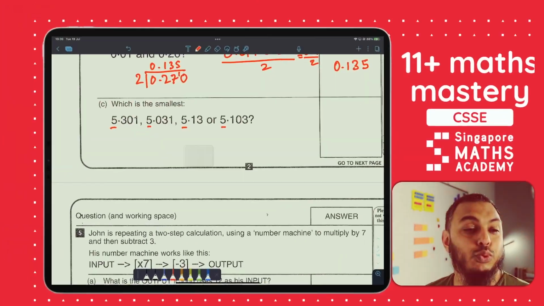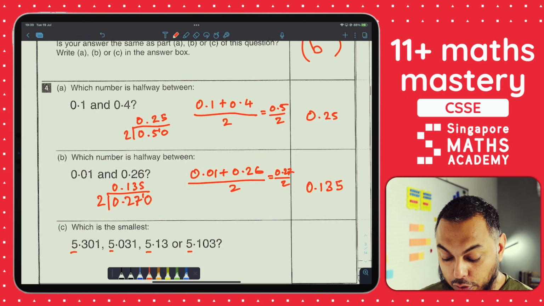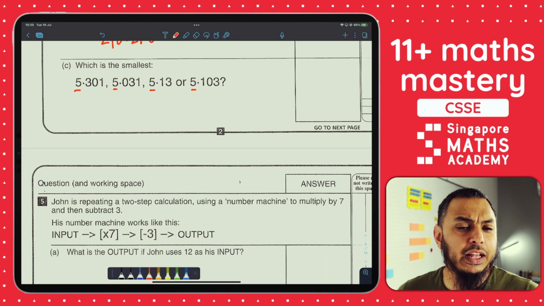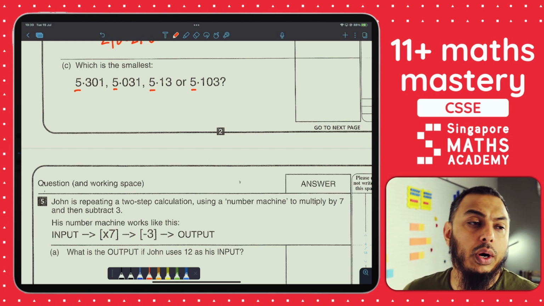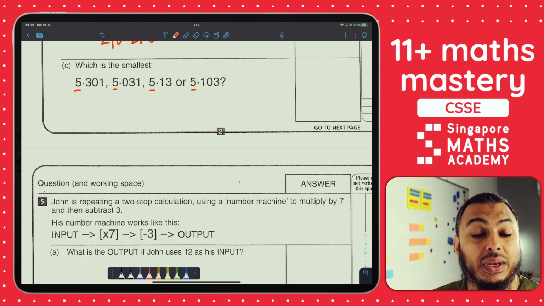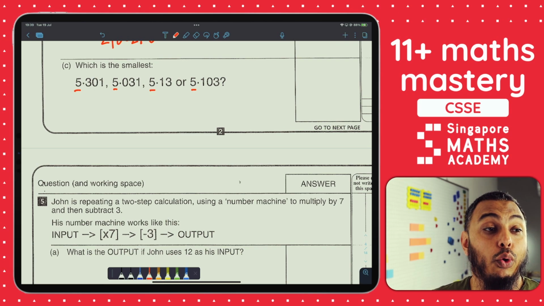Let me just swoop to this. Apologies. You should be able to follow through in previous questions. That should be better for you though, in terms of seeing the numbers. So 5.301, 5.031, 5.13, 5.103, they're all very similar, right? And so they all have 5, 3, 0, and 1, right? And most of them have them.